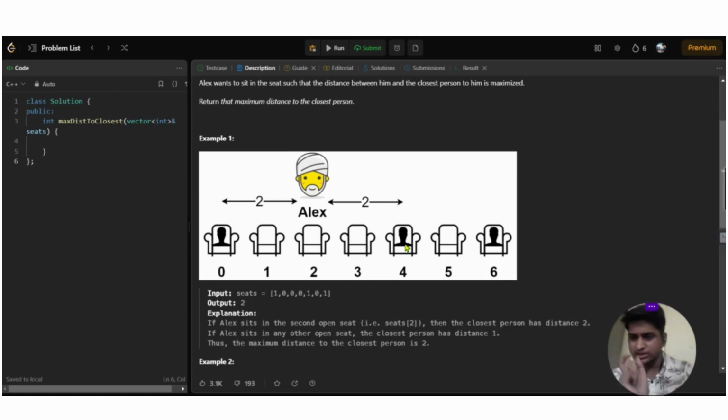So the distance to the closest person is 1 again. Now let's check if Alex sits at the second index. If Alex is sitting at index number 2, who will be the closest person to Alex? We can check from the right. From the right it is the person at the fourth index, and from the left it is the person at the first index.